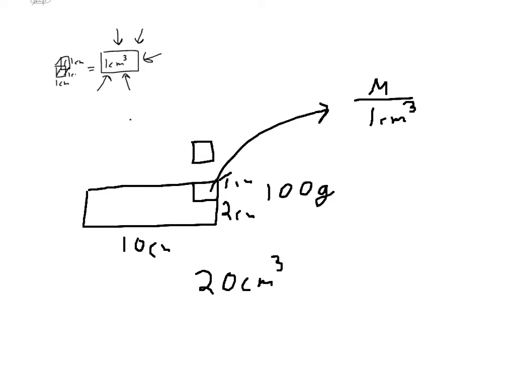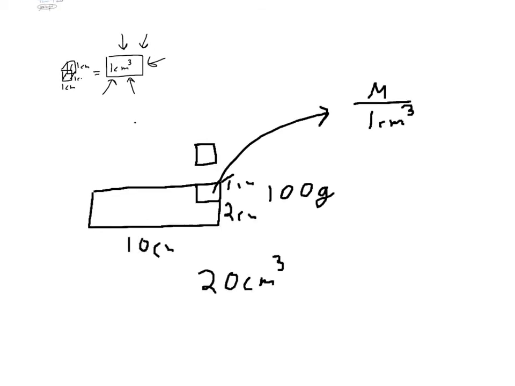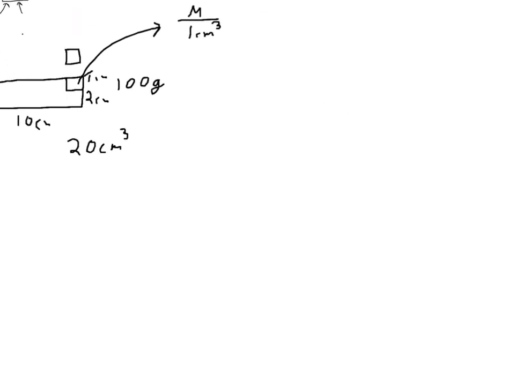Well, now I know that the mass of this is 100 grams when it's 20 centimeters cubed in size. I want to know what the mass is when it's just 1 centimeter cubed.